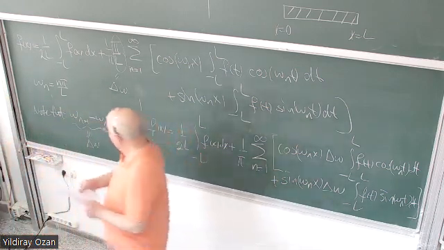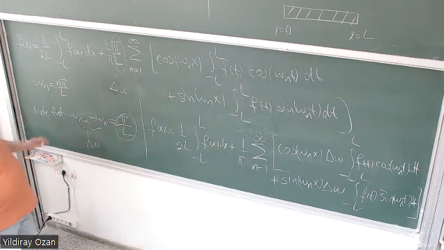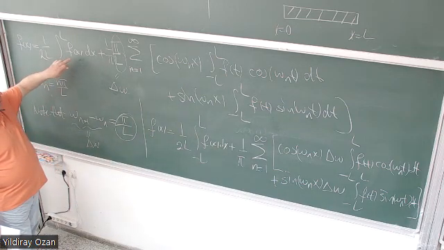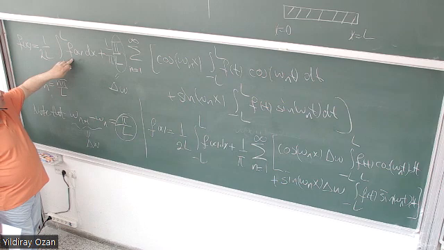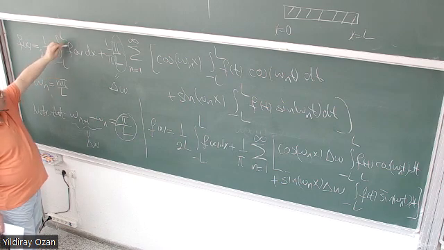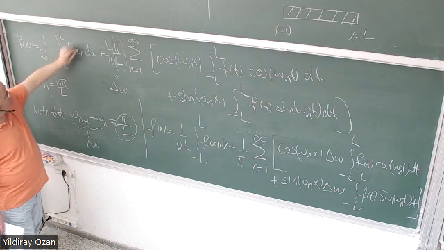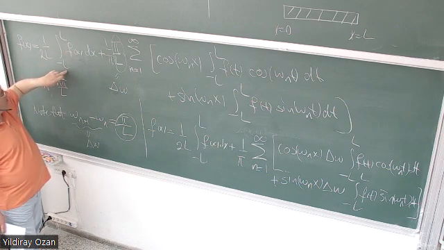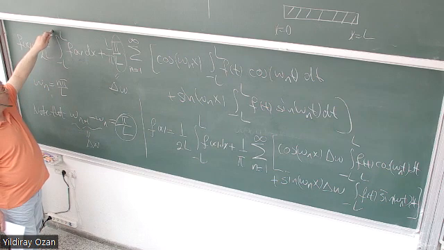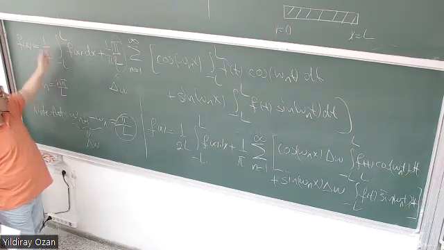Here, pay attention to this. I will assume that this f is absolutely integrable, meaning that the absolute value of this function integrated from minus infinity to plus infinity will be a bounded number.